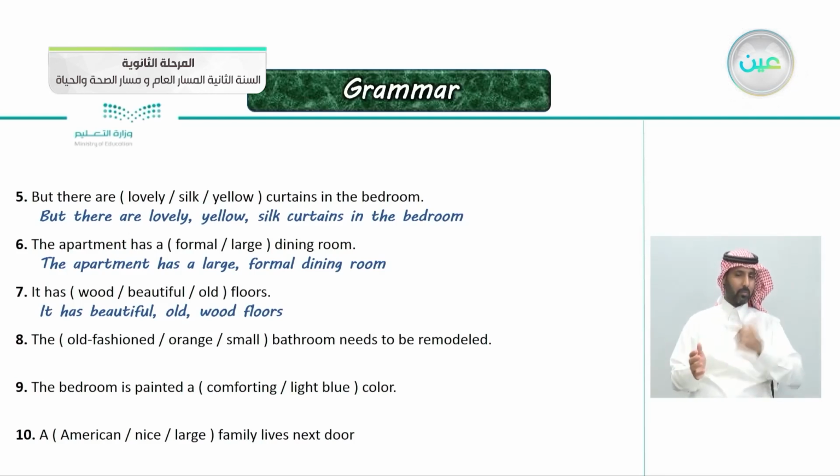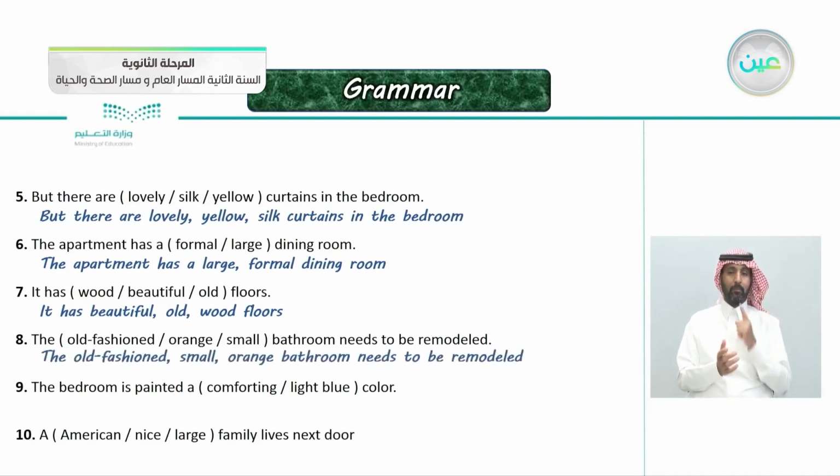Number 8, the old-fashioned orange small bathroom needs to be remodeled. So the correct order here in number 8, yes, the old-fashioned small orange bathroom needs to be remodeled. So the size comes before the color.